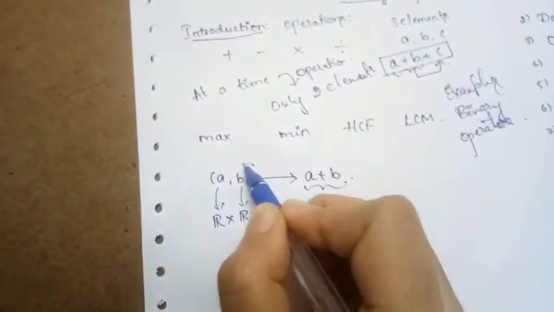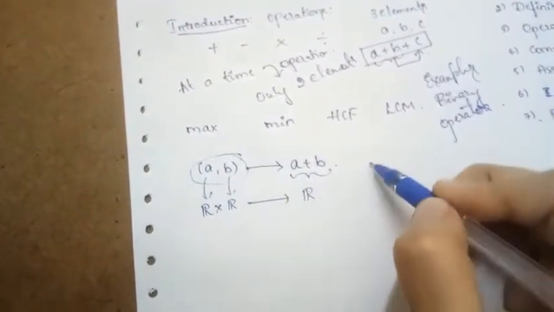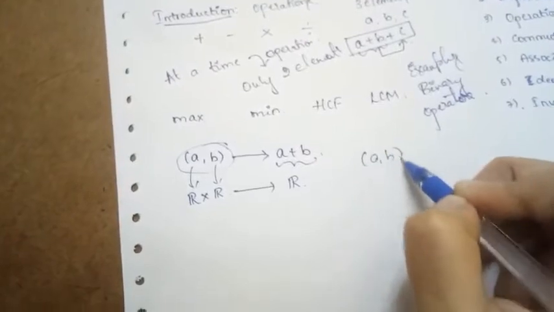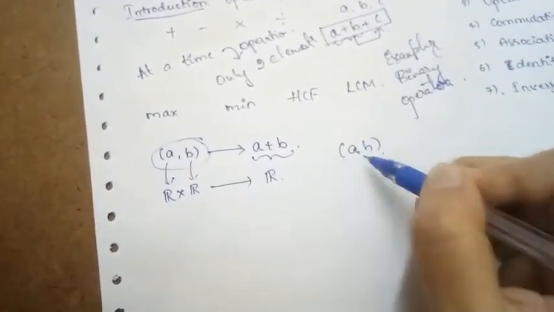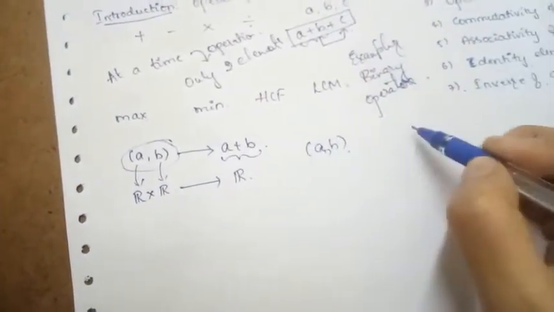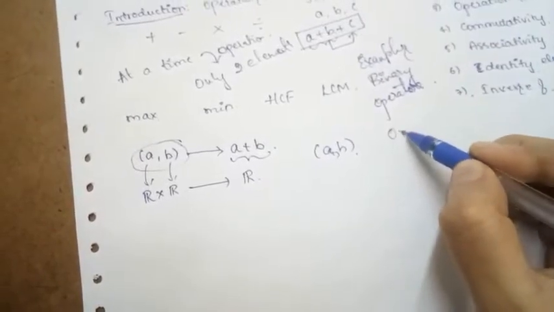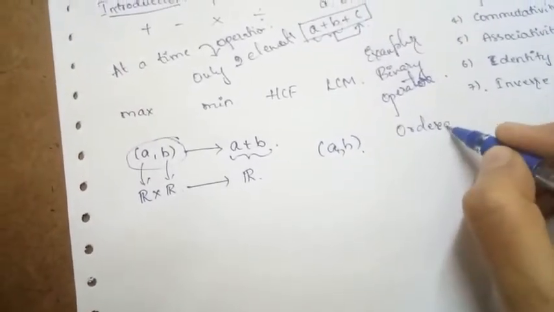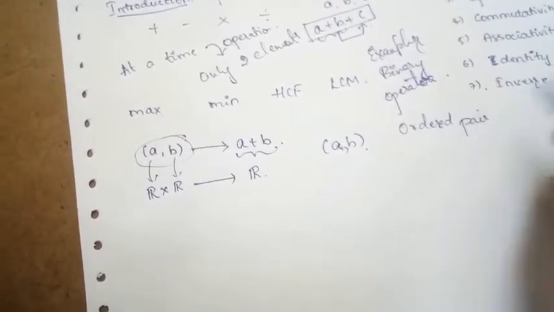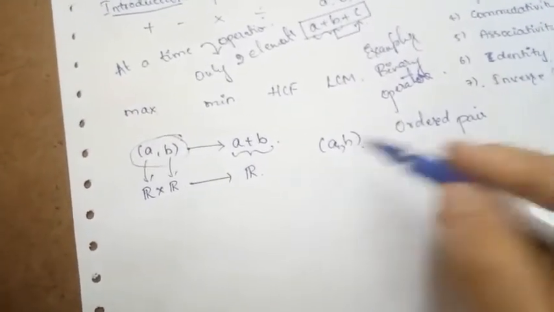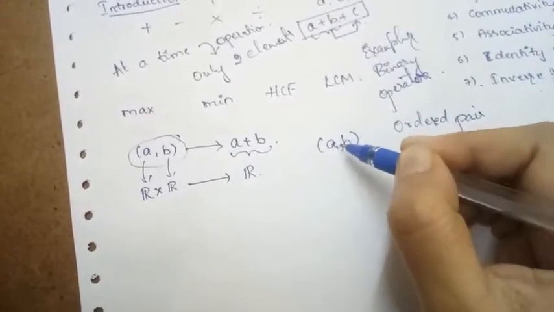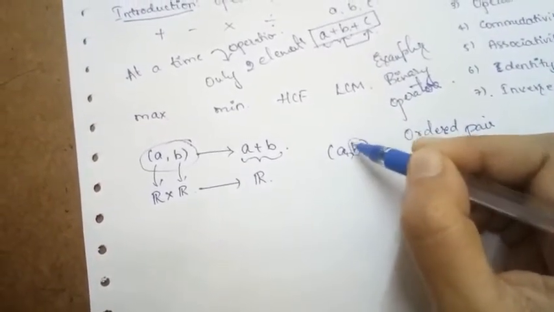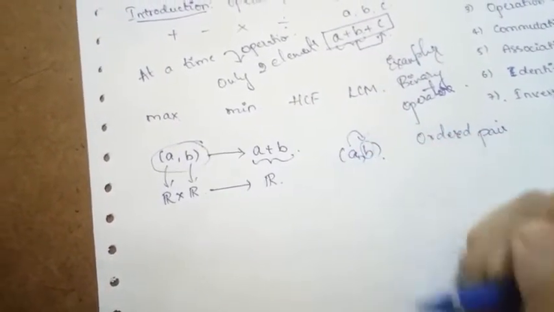You can see here an ordered pair A comma B. But this is not the type of ordered pair we have learnt till now, because in the previous ordered pair, the second element is the image of the first element.